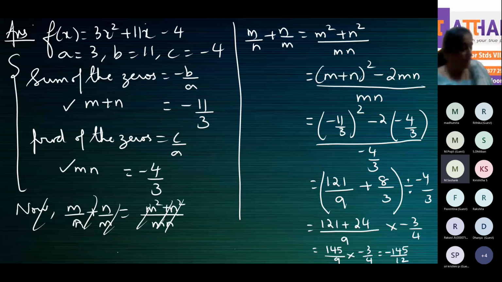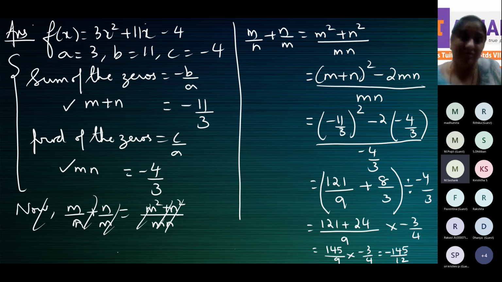Oh, but I told you we'll do it in a different way, no? You will all like this method because it will be slightly easier. So what we have understood is whenever we have a quadratic polynomial, we'll find the values of a, b, c, and we'll find the sum of the zeros and the product of the zeros.